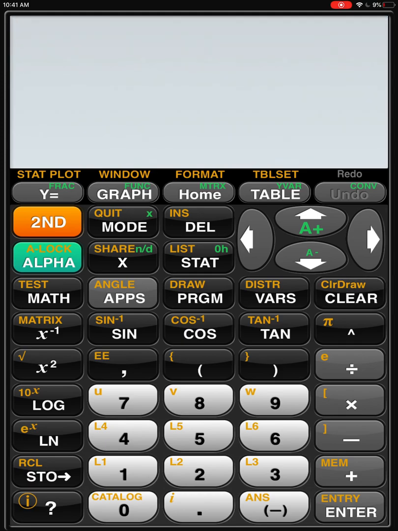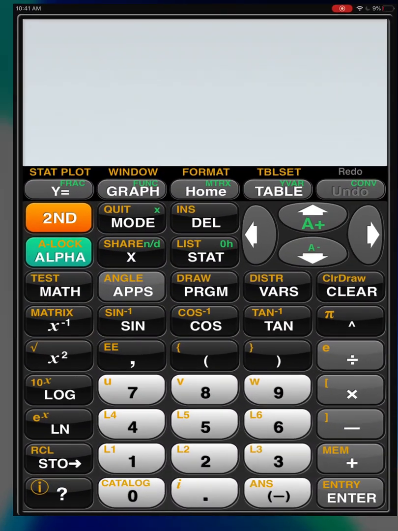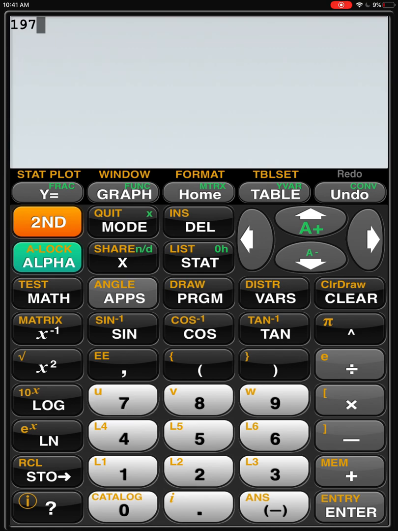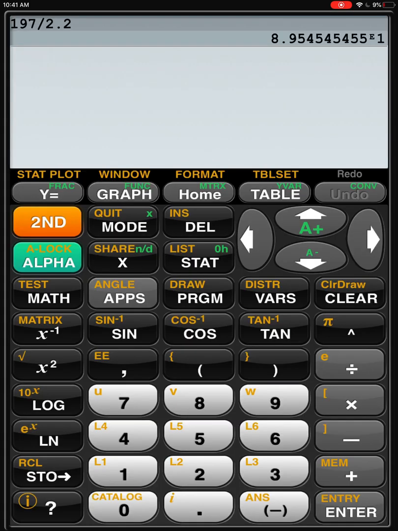We did 197. Oh, that's why. It's putting it in scientific notation. How ridiculous is that? Hold on. Normal. Okay. Try this again.